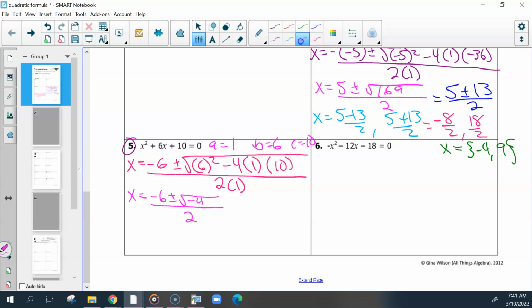Can we take the square root of a negative number? No. So that should go back to when we were solving using square roots. No, we cannot. So at this point, we will have no solution. There's nothing else we can do with this.